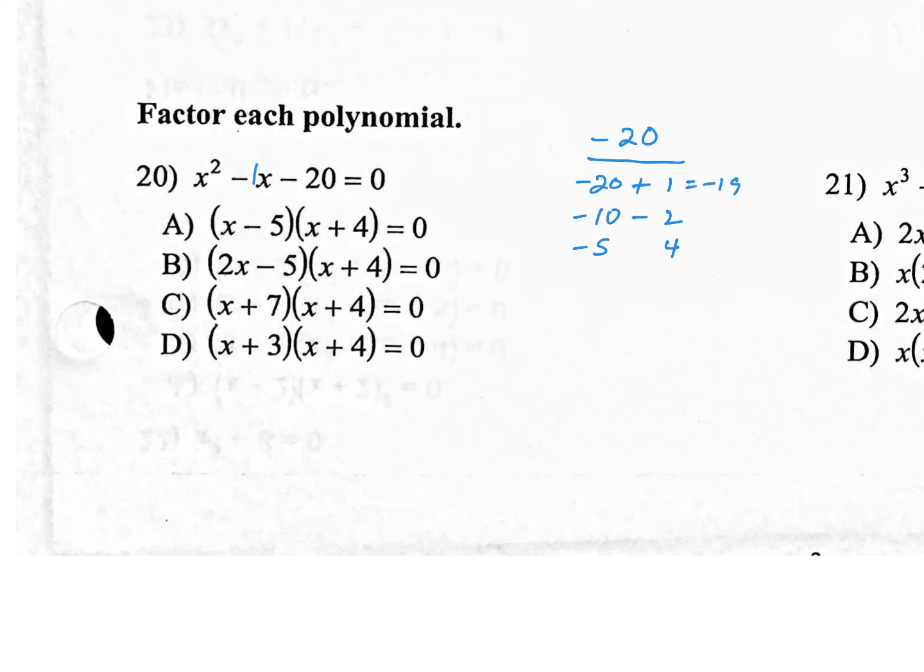That's not going to be it. Negative 10 plus 2 is negative 8. That's not going to work. Negative 5 plus 4 is negative 1. That's going to work. So what are the factors? x minus 5 times x plus 4, and we set it equal to 0. So your answer is A.